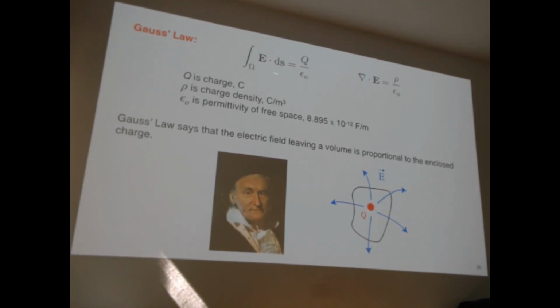The integral form of Gauss's law says that if I integrate the electric field over a surface, taking the normal component, it's equal to the charge enclosed by that surface divided by the permittivity. So if I've got a charge, I draw a surface over it, I integrate the normal component of the electric field, that tells me how much charge is in it. That's Gauss's law. All the electric field leaving a volume is proportional to the enclosed charge.